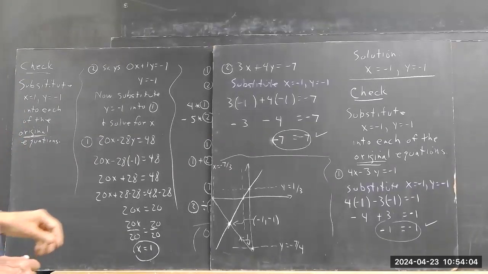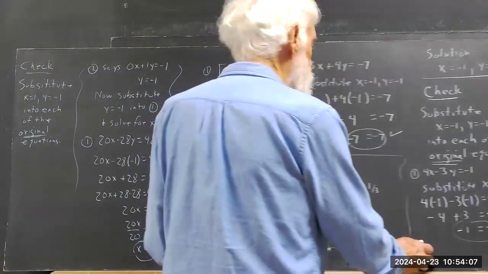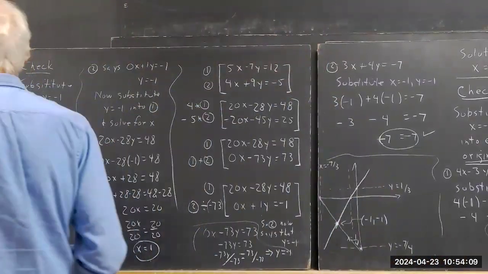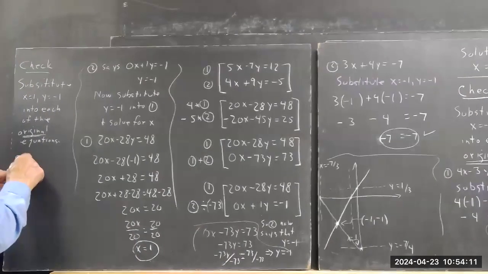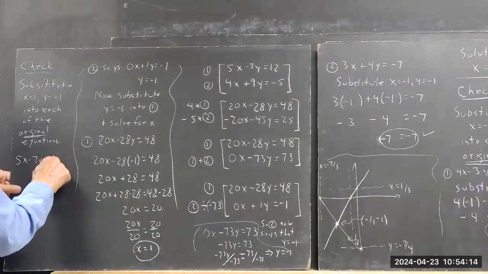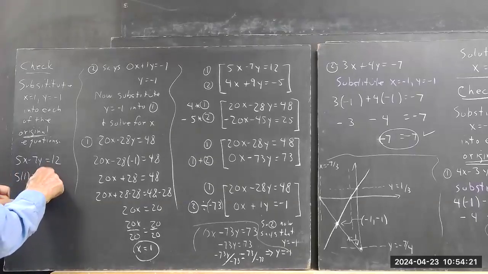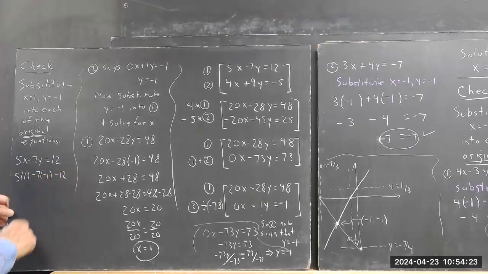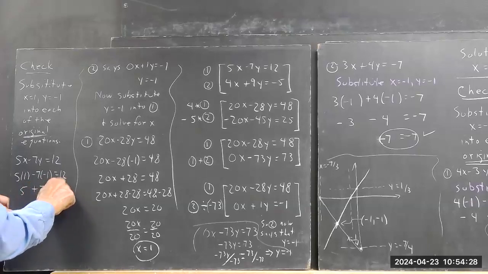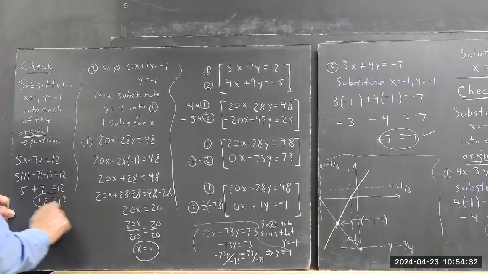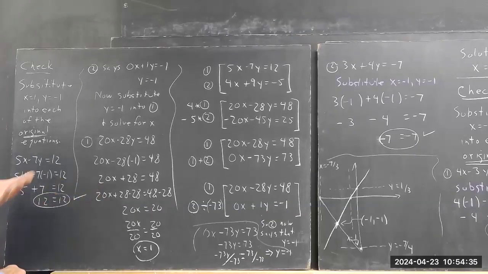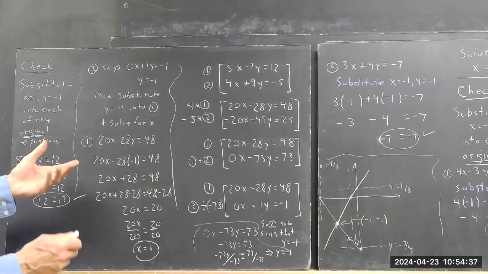So the original first equation was 5x minus 7y equals 12. We substitute 1 for x. 5 times 1 is 5. Negative 7 times negative 1 is plus 7, so 5 plus 7 equals 12. We add that up and we get 12 equals 12. Circle that, put a check mark. We write the second equation.